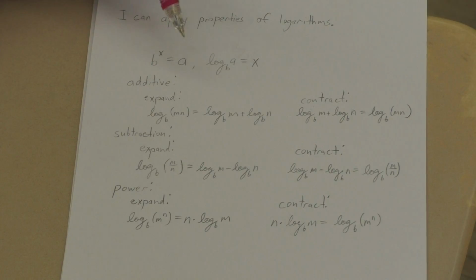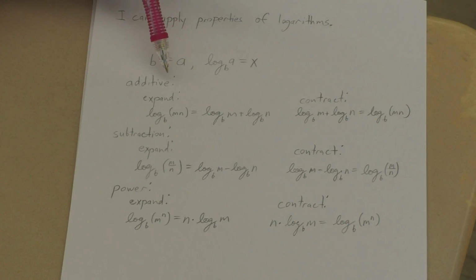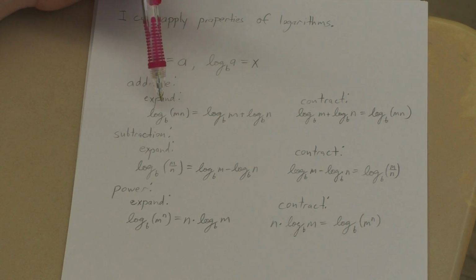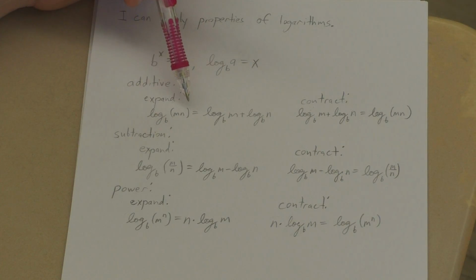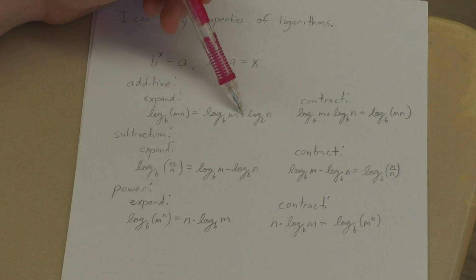A logarithm, a lot like the properties of exponents, has similar properties. There's this additive property where if you want to expand a logarithm with a base b of two numbers m and n multiplied together, it becomes two separate logarithms with the base b that are added together.